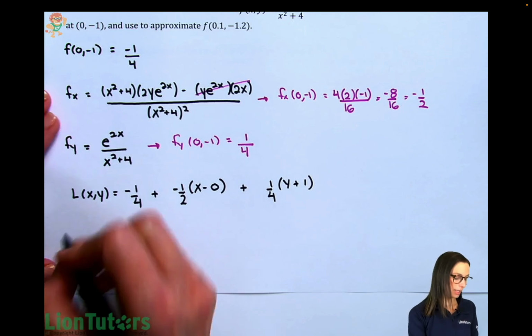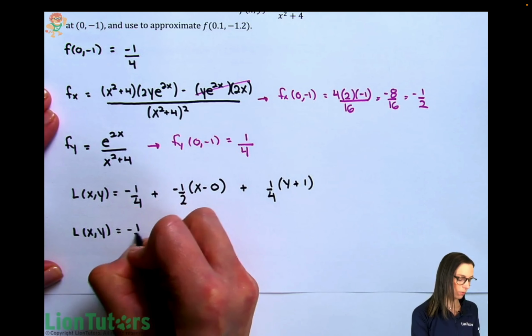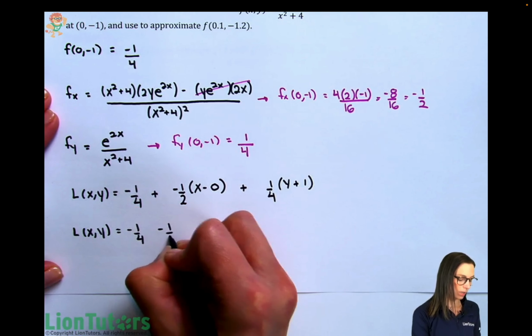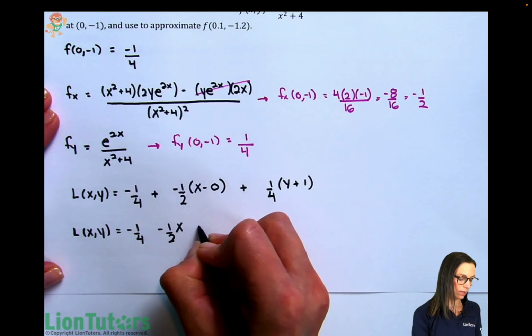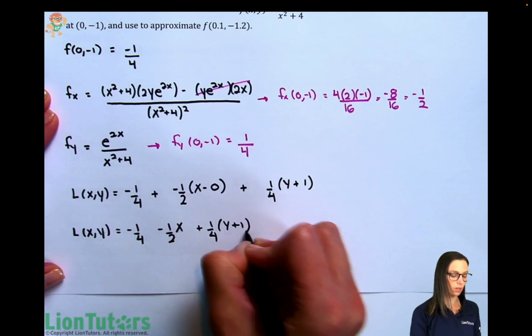If you want to simplify this down a little bit, we can write that as -1/4 minus 1/2 x plus 1/4 times y plus 1.